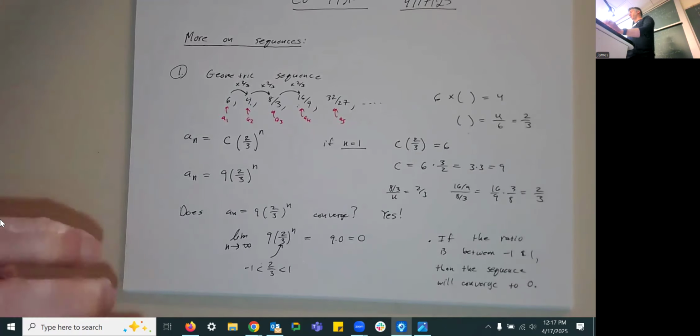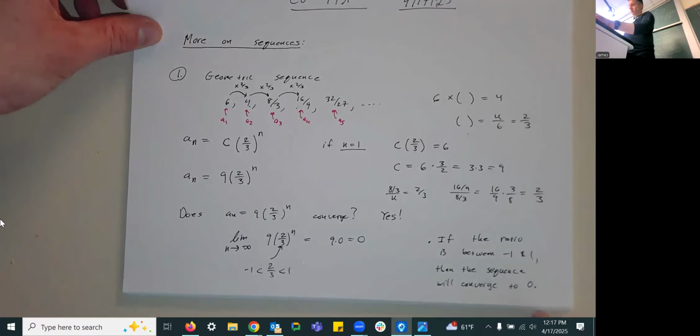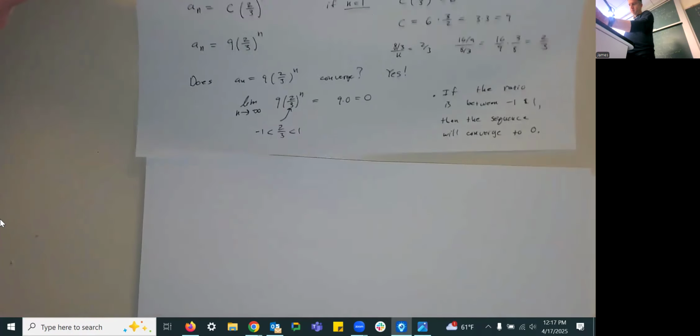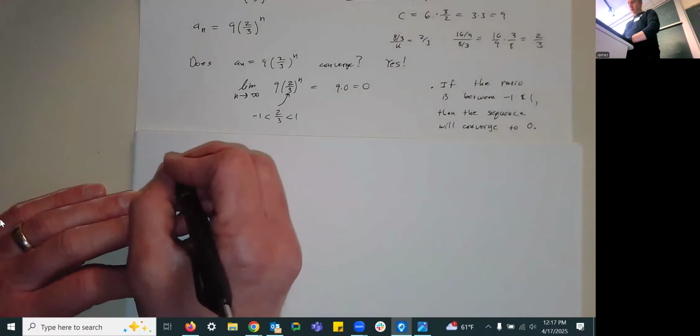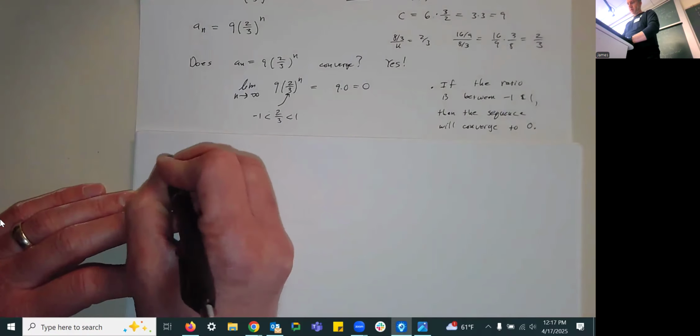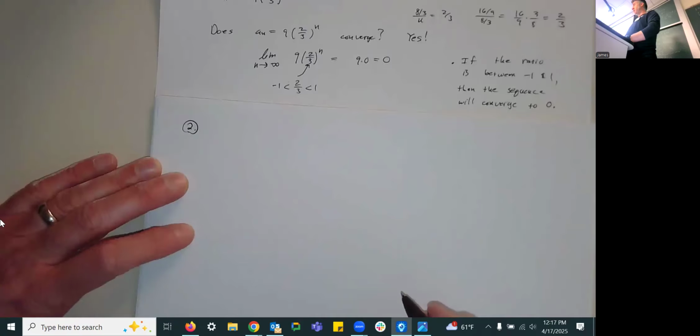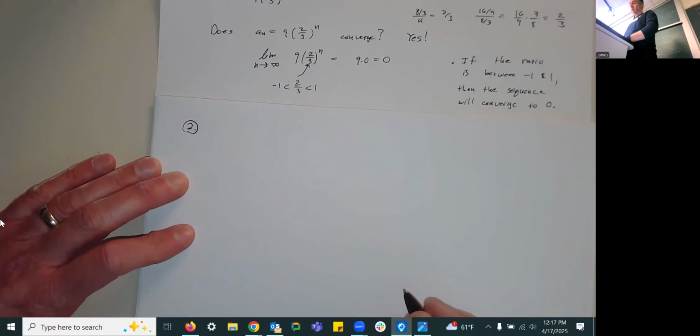Let's look at a couple more examples. I'll try to remember the one that someone asked me about. I want you all to try to find the pattern for this next one I'm about to write.